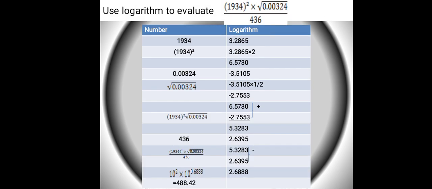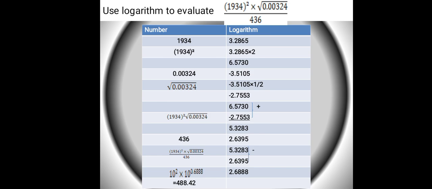Use logarithms to evaluate 1934 squared multiplied by the square root of 0.00324 all over 436. Now let's get the logarithm of each number. 1934, its logarithm is 3.2865. The square of that, multiply the logarithm by 2. We get 6.5730.